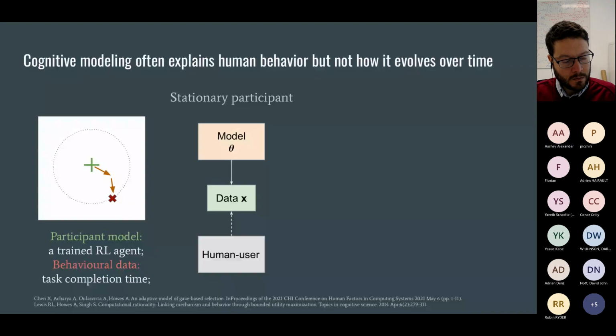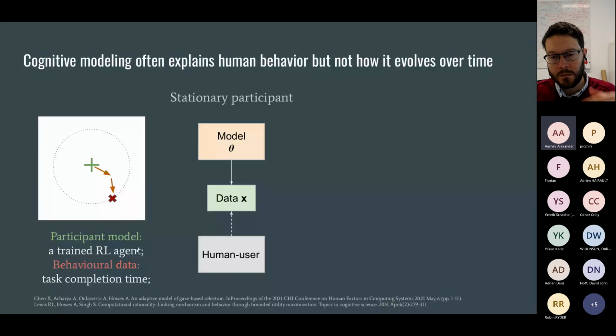The task essentially is to find the red cross on the screen with the gaze. The human starts at the center, and in several movements with their eyes, which is represented with the orange arrows, it finds the target.